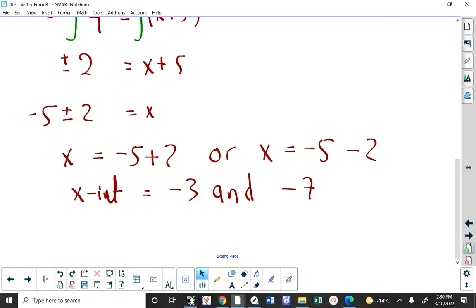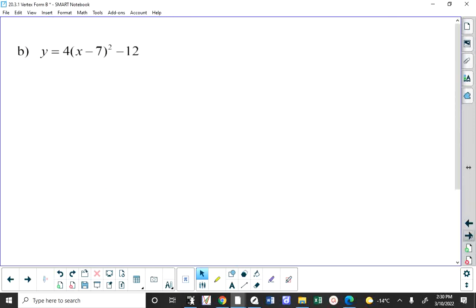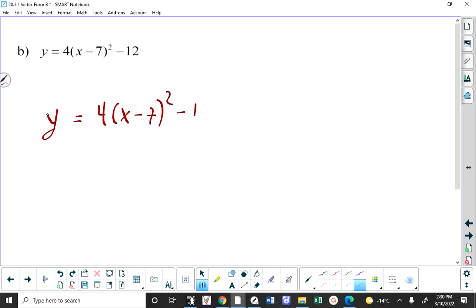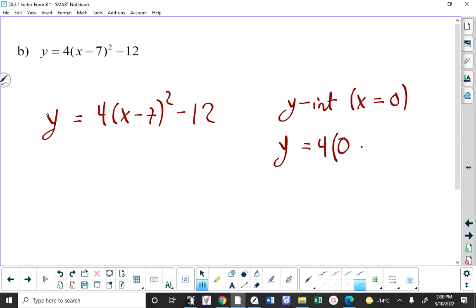Okay, let's try another one. Y equals 4 times x minus 7 quantity squared minus 12. So if I find my y-intercept first, which is where I let x equal 0, then I'll have y equals 4 times 0 minus 7 quantity squared minus 12. I would like everybody to calculate for me, please, what that is equal to.